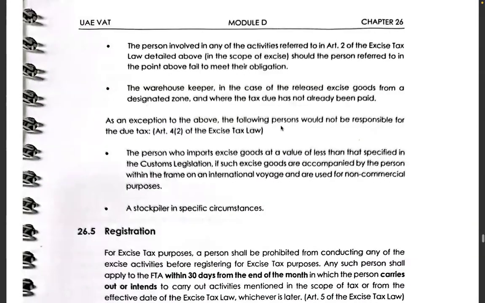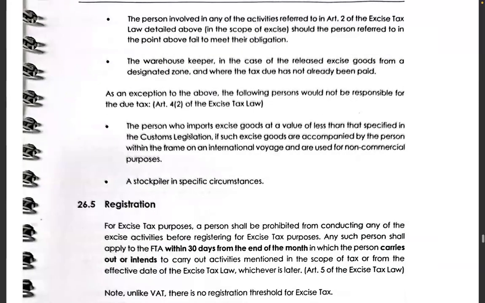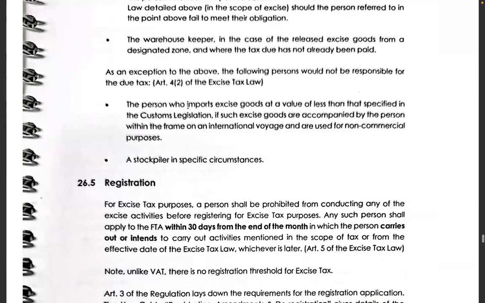As an exception to the above, the following persons would not be responsible for the due tax. What will be that exception? The person who imports excise goods at a value of less than that specified in the customs legislation. If such excise goods are accompanied by the person within the frame of an international voyage and are used for non-commercial purposes.